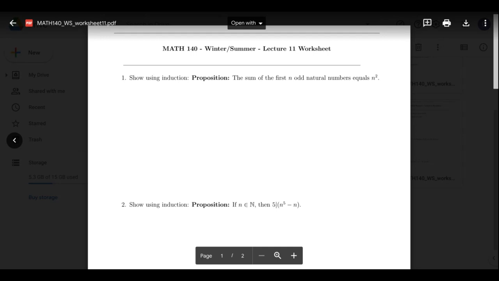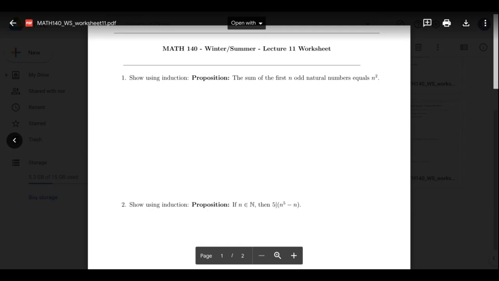Okay, Patrick has written, you mean 1 equals 1 raised to 2. Use the up arrow to raise. Yeah. So which is true? Then we assume P of n is true, which means 1 plus 3 plus 5 plus up to 2n minus 1 equals n squared.